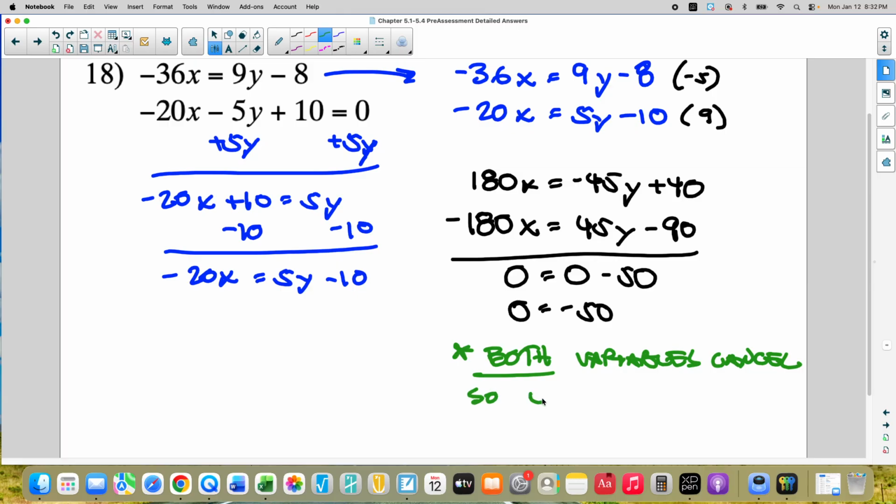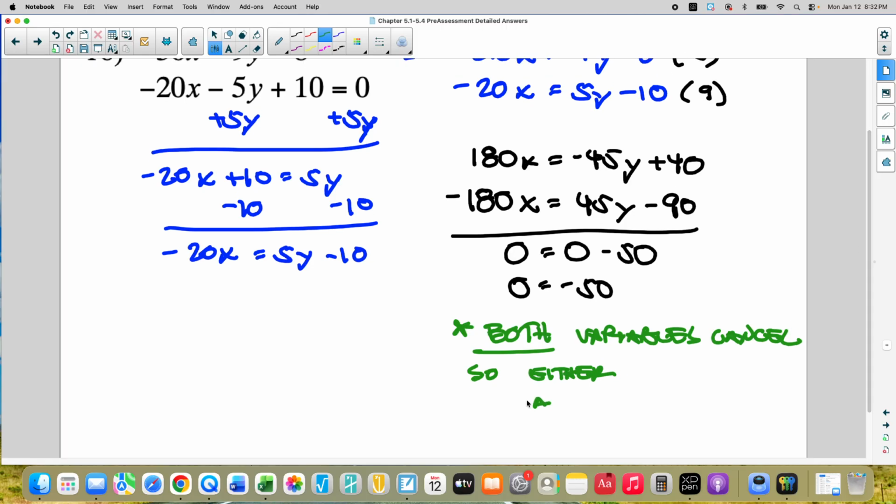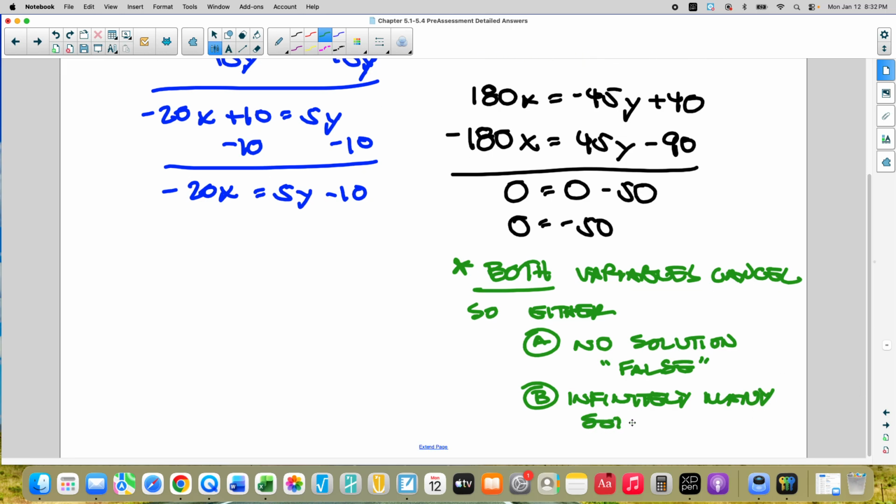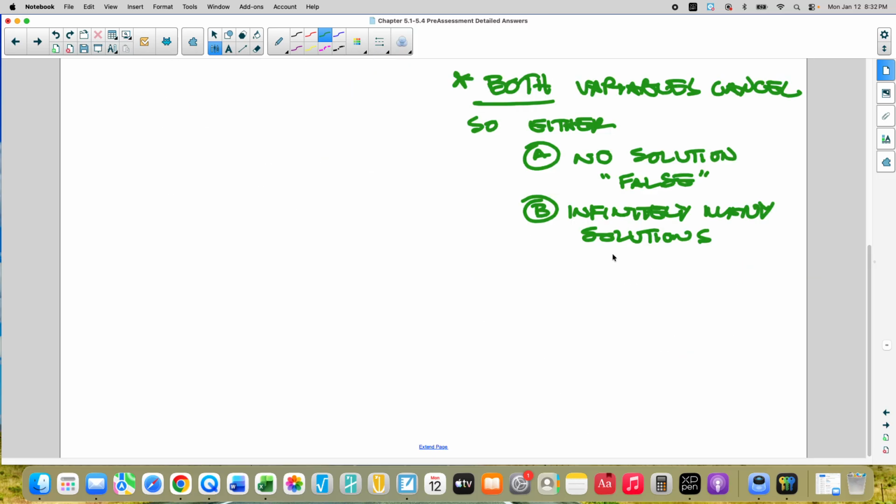So it's either going to be no solution, that's if my number statement is false, or it's going to be infinitely many solutions, and that's when my number statement is true.